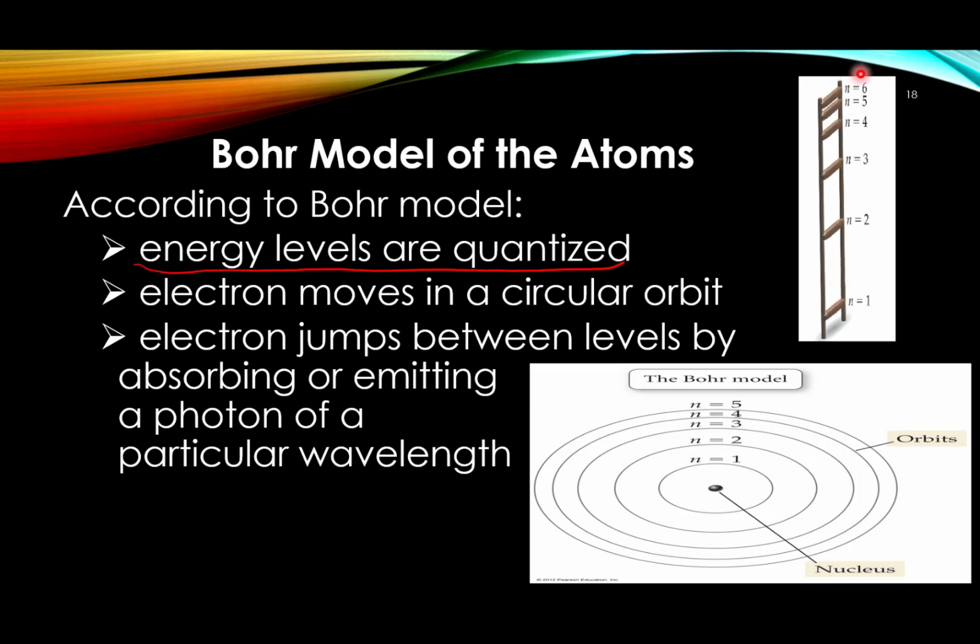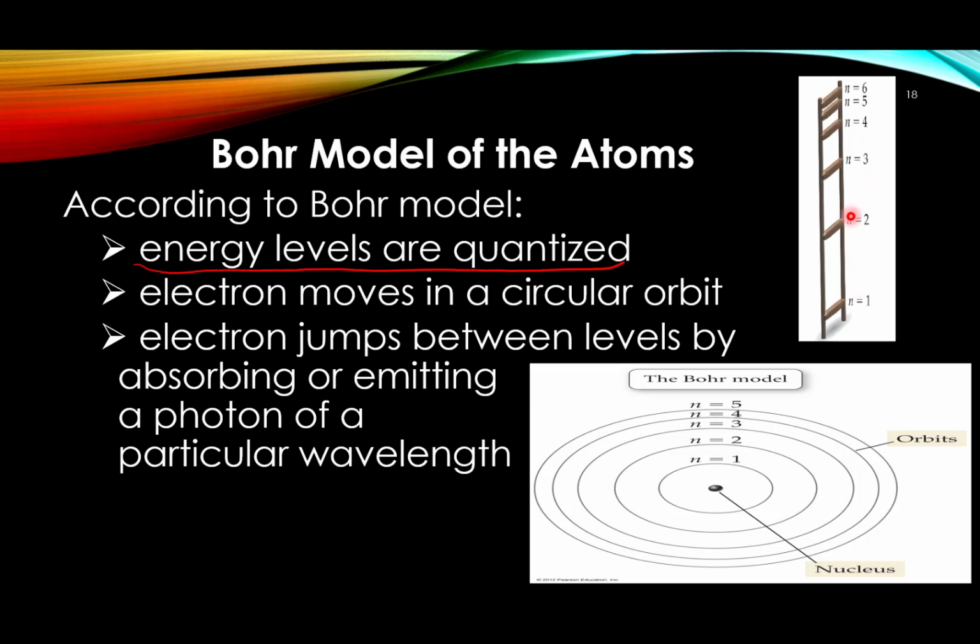For an electron to move from energy level 1 to energy level 4, it has to go through energy level 2, then energy level 3, then reach energy level 4. It cannot just jump from energy level 1 to energy level 4 because energy levels are quantized.